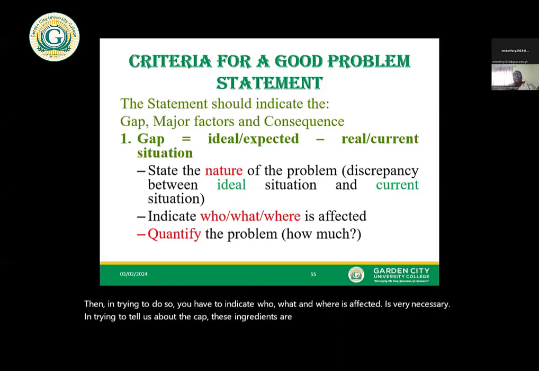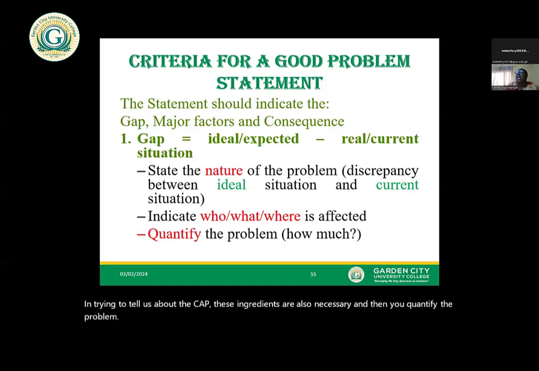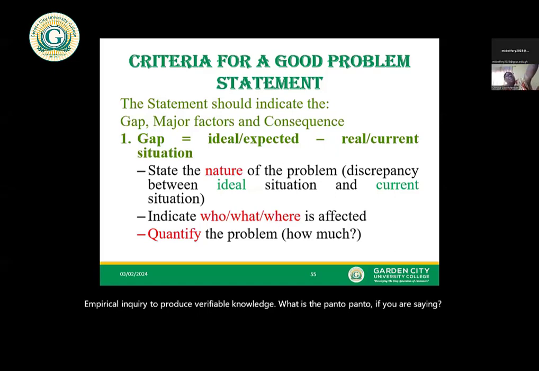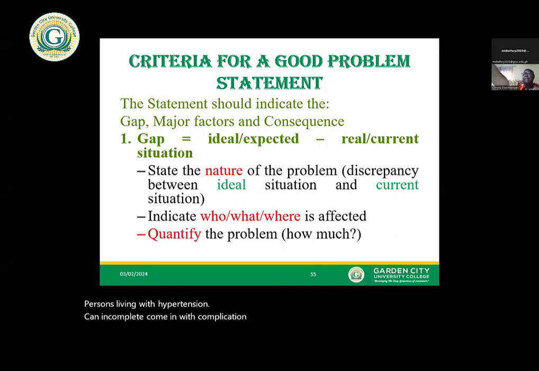And then you quantify the problem, as in empirical inquiry to produce verifiable knowledge. What is the quantum? If you are saying that persons living with hypertension come in with complications because they do not modify their lifestyle, so lifestyle modification has become a challenge.